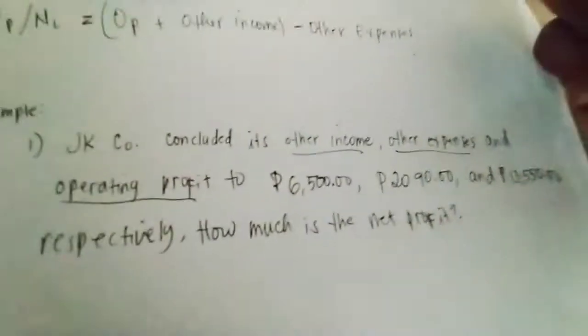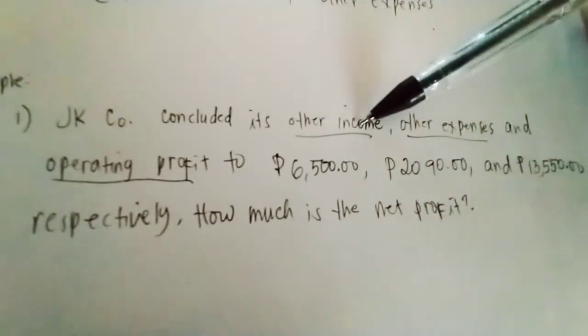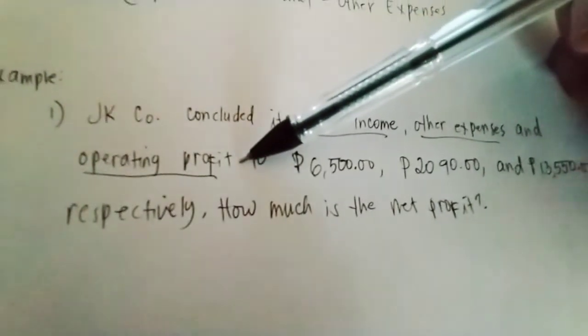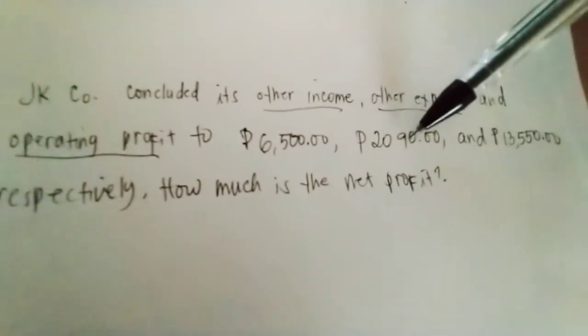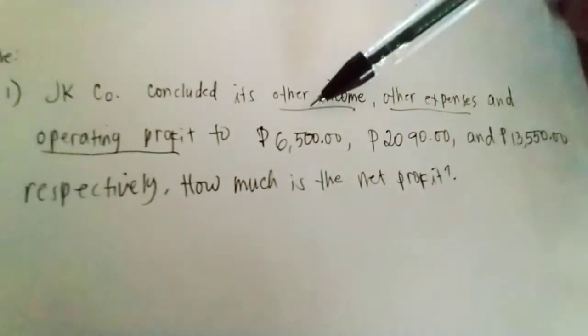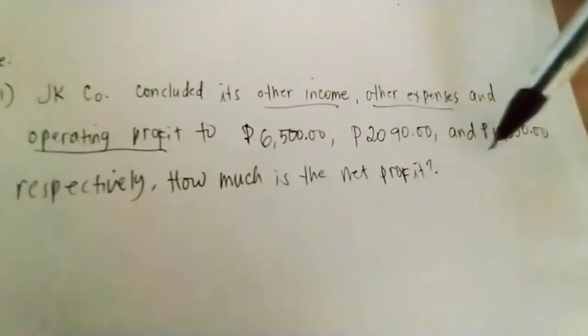Okay, number 1. JK Corporation concluded its other income, other expenses, and operating profit to 6,500, 2,090, and 13,550 respectively. Ito yung other income, ito yung other expenses, and ito naman yung operating profit.